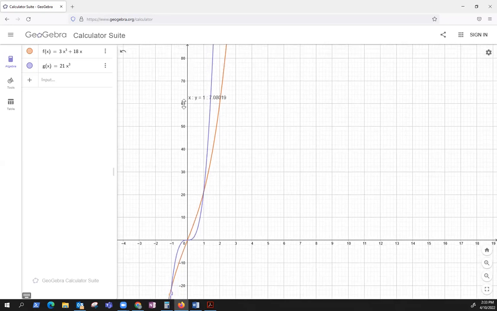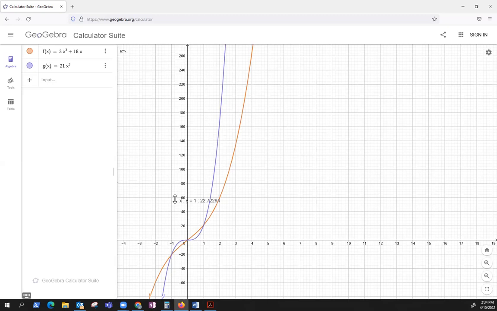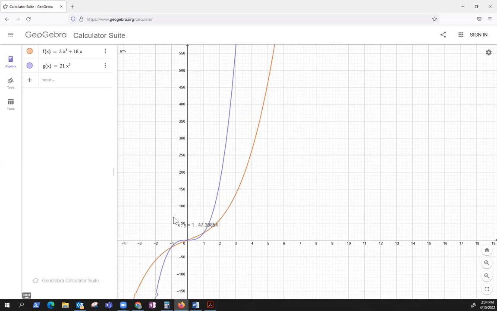And I'm going to shorten my y-axis. So look at that. After x equals 1, the blue function is always on top. Okay? And that's all that it means to be big O, that there is eventually going to be a point on the x-axis where the red function is smaller than some constant times this blue function.